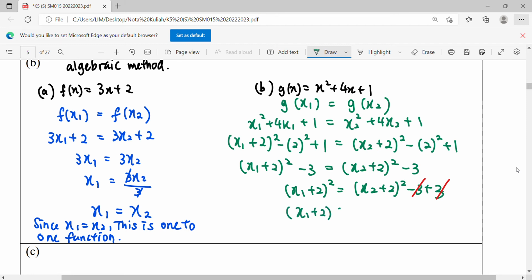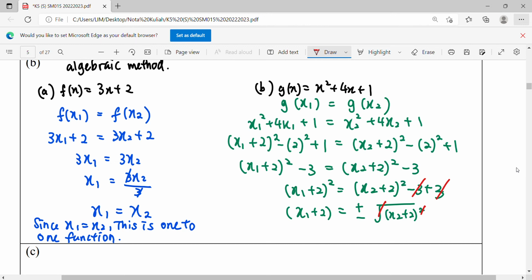Quadratic always has 2 answers, right? So it will have plus, minus, square root of. Although our square and square root can be simplified, you can notice that when you move it to the right hand side, you have positive and negative square root answers. So this question has 2 answers.